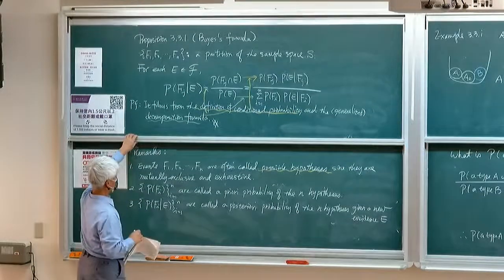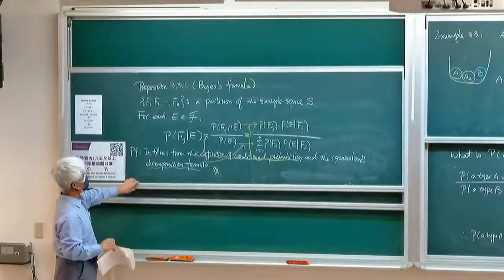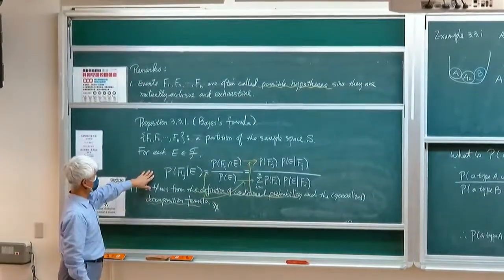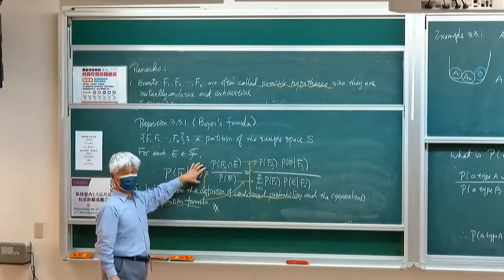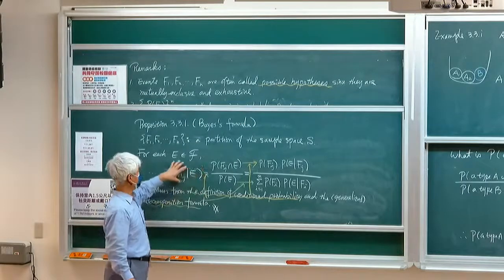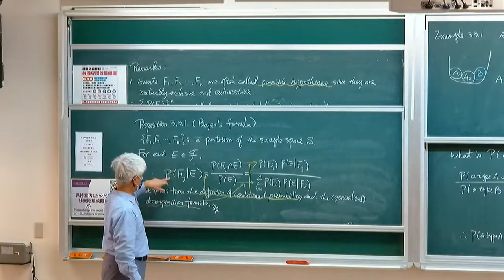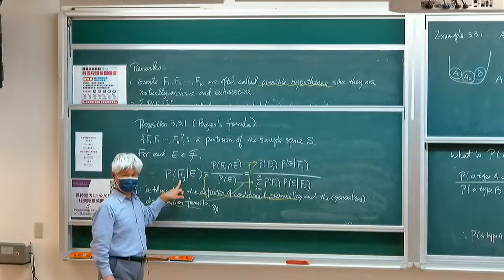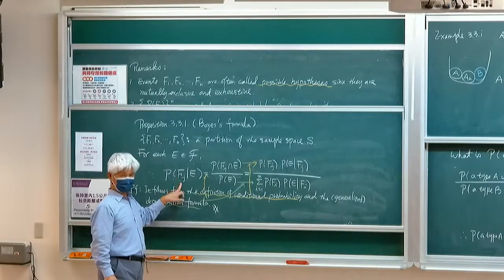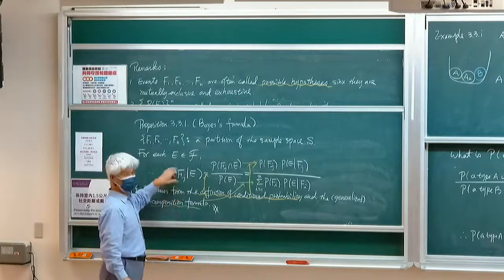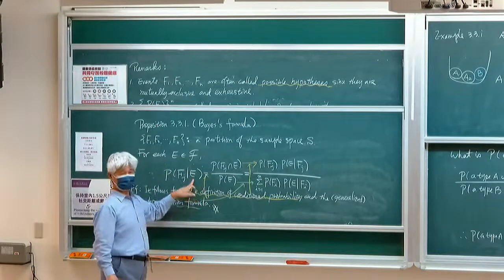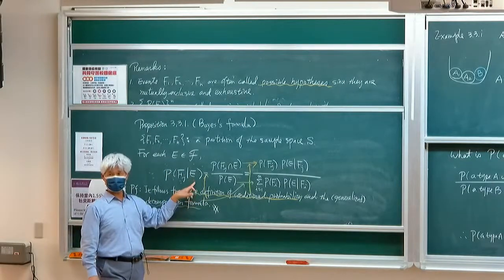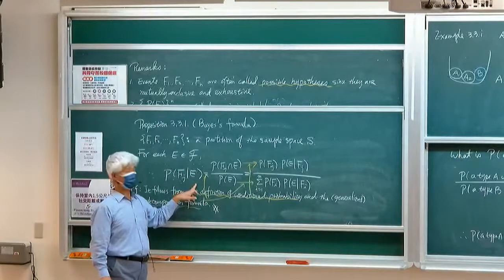And when we look at the Bayes formula, it can be seen as a way to compute the a posteriori probabilities of the n hypotheses given the new evidence E. Right?